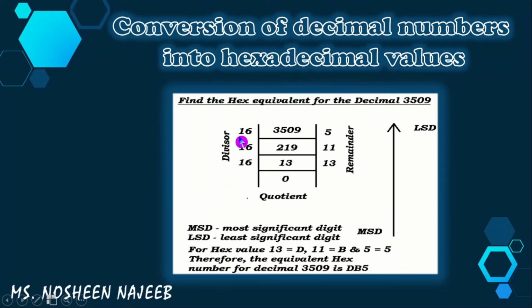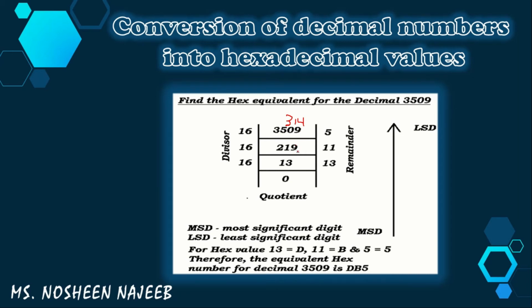So class, 16 2s are 32, and when we subtract 32 from 35, we have 3 as remaining, and it becomes 30. 16 1s are 16, and we subtract 16 out of 30, so we have remaining as 14, so it will be 149.